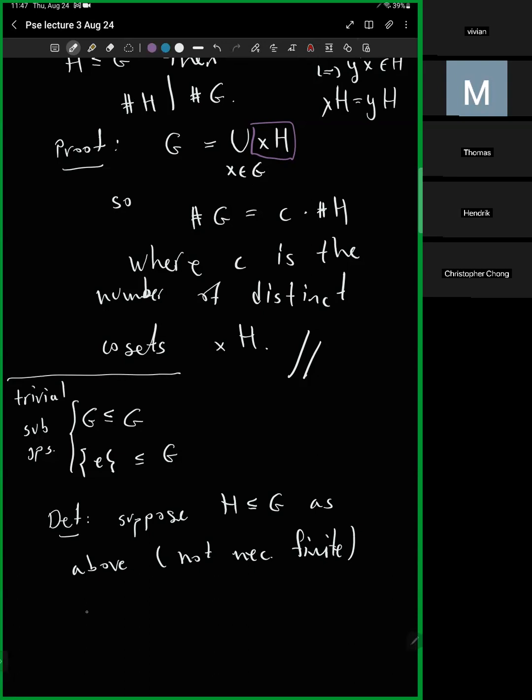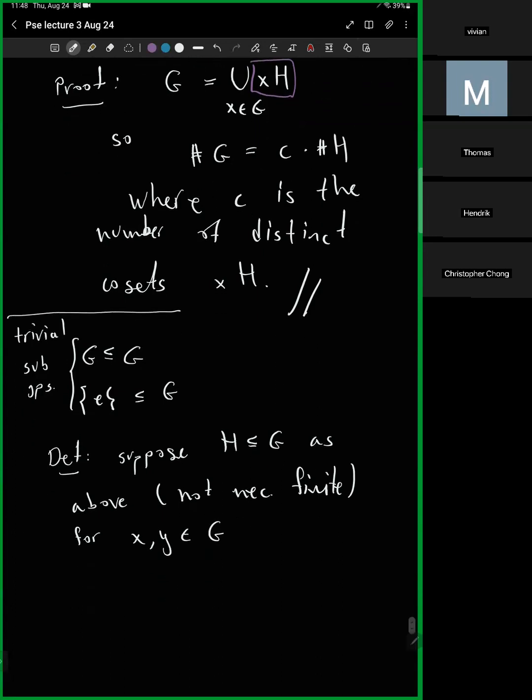For two elements x, y in G, I have the coset xH and I have the coset yH. And I can do a binary operation by saying that the multiplication of these two cosets is defined to be xyH.